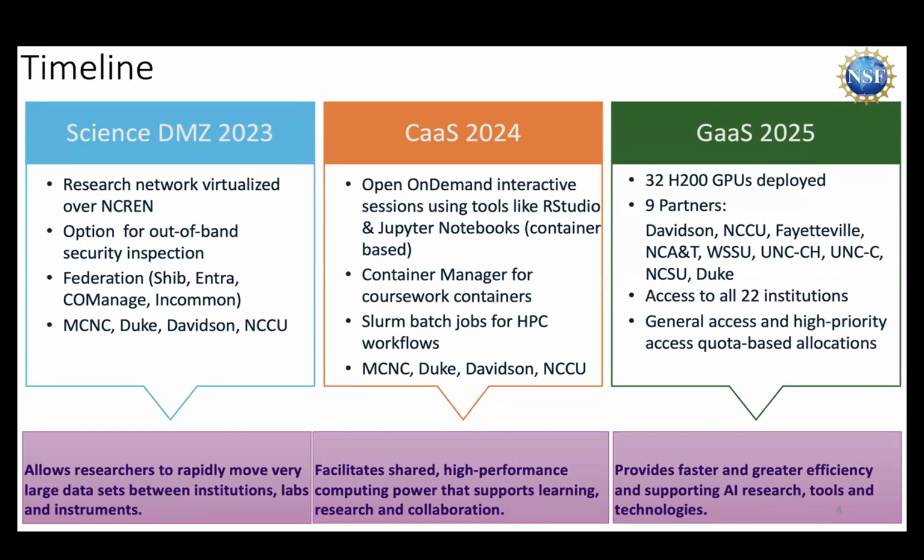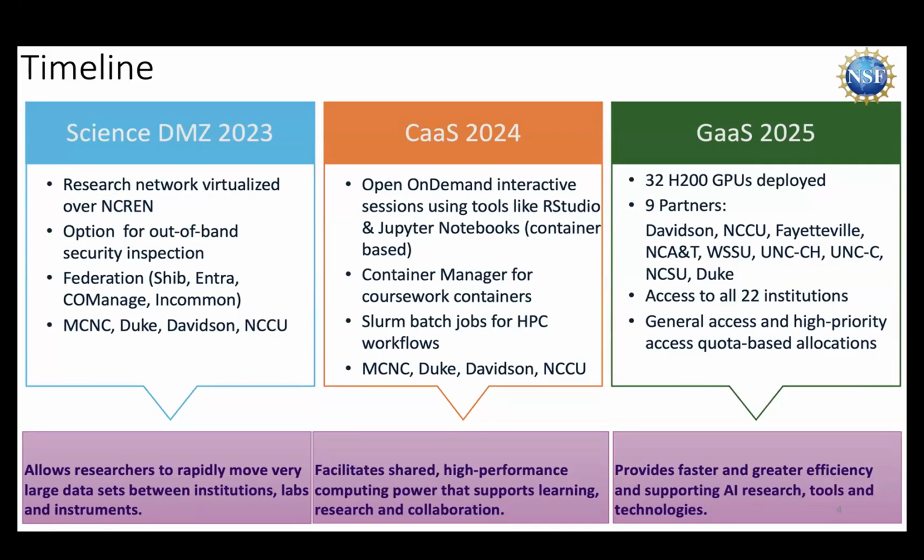This is the second NSF grant. This allowed setting up an HPC with compute nodes. We have 8 compute nodes for researchers to access, and a few more nodes allowed for container managers. That's kind of for coursework, and the other ones are for research.